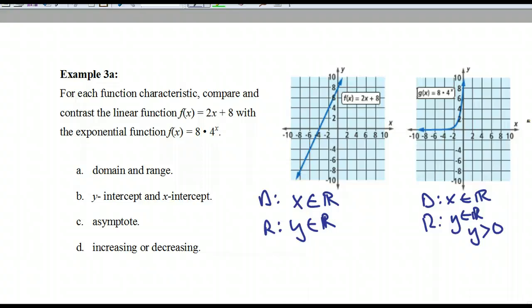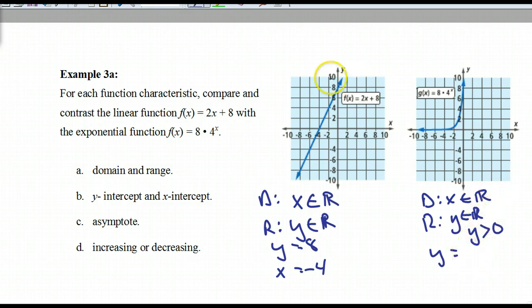All right. So in part B, what is my y-intercept for this graph right here? 8. What is my x-intercept for this graph right here? -4. How about over in this one? What's my y-intercept on this one? Wait, why do you have y equals 8? That's the asymptote. No, I'm looking at y-intercept.